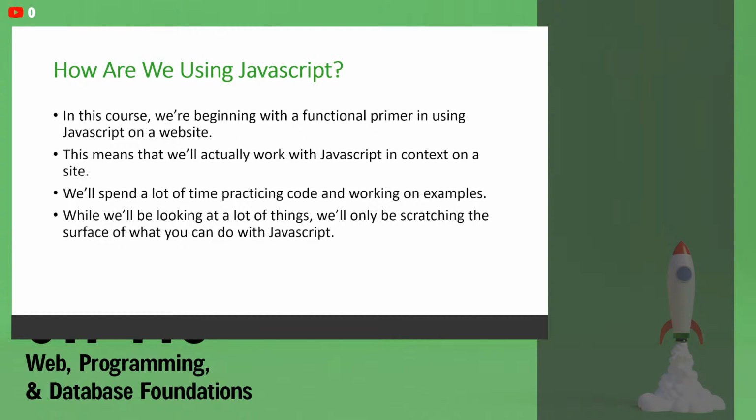So over this week and next week, we'll be doing some different things to add some JavaScript to the website. And JavaScript allows us to add a bit of interactivity to our website. So we'll spend a lot of time practicing code, working on examples, doing some different things. But even still, we'll only be scratching the surface at what JavaScript can do.